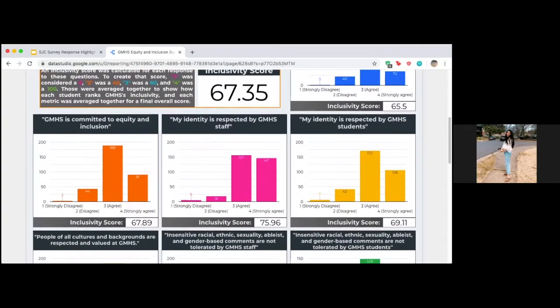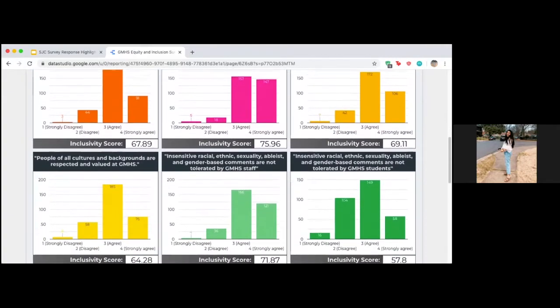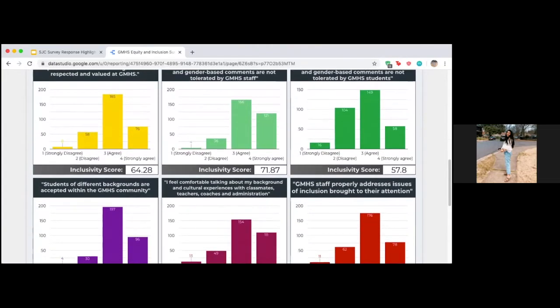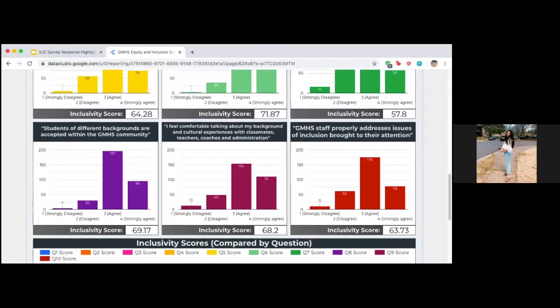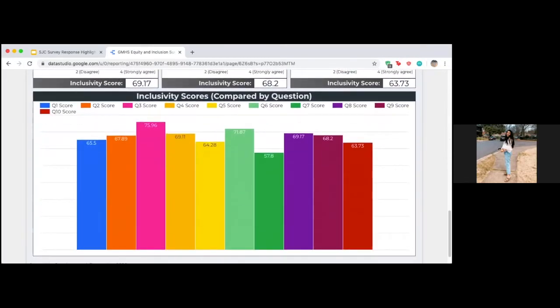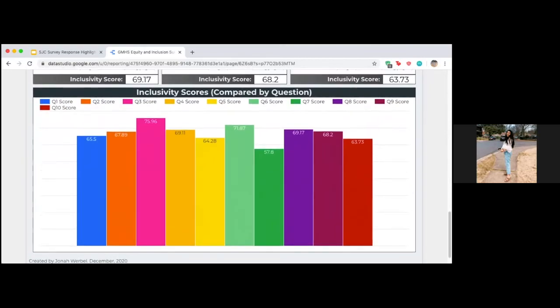Another thing to note is that this survey came out very close to the name change, which I think we can all agree was contentious and emotional for a lot of people. Some of that emotion might be reflected within the data, so just keep that in mind as you're looking through it.